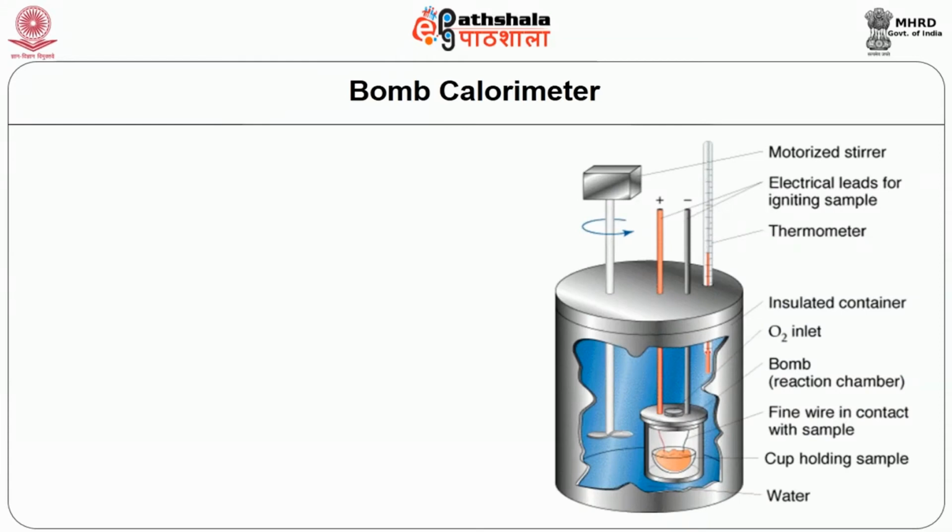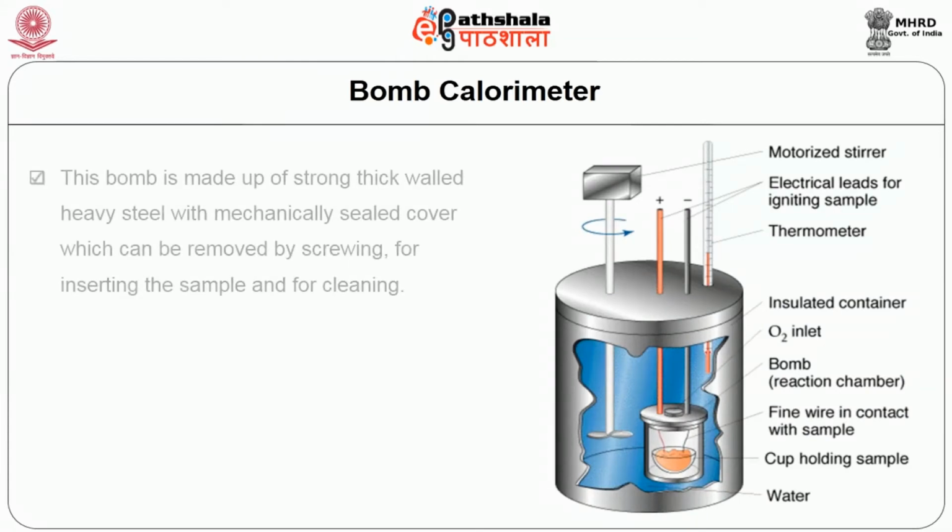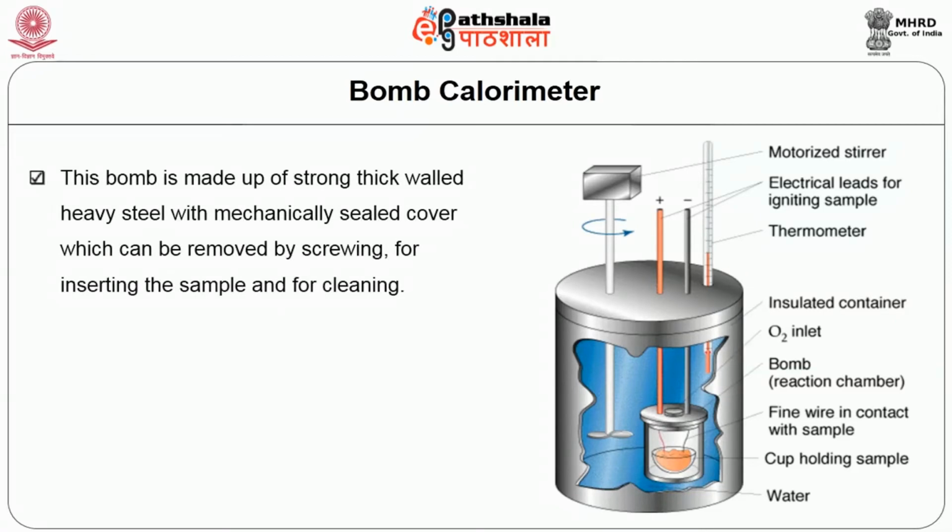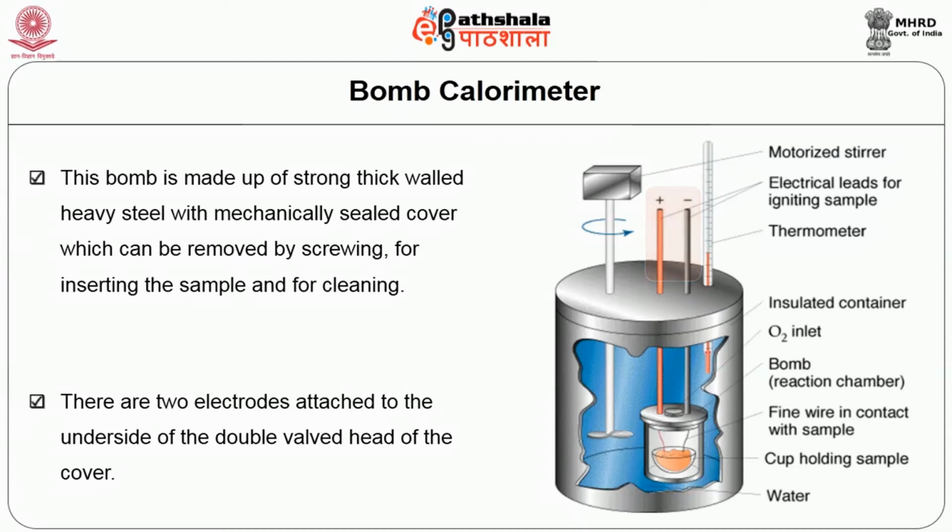Let us have a look on the bomb calorimeter in detail. The bomb is made up of strong, thick-walled, heavy steel with mechanically sealed cover which can be removed by screwing for inserting the sample and for cleaning. There are two electrodes attached to underside of the double-walled head of the cover.